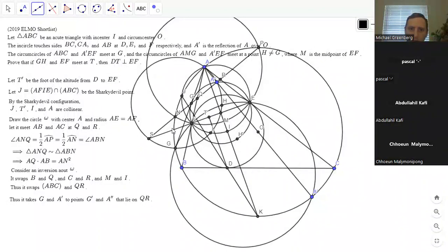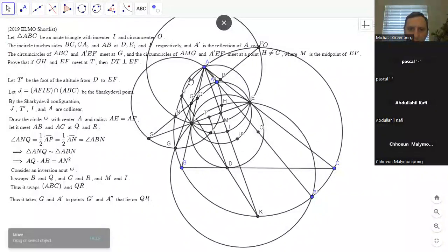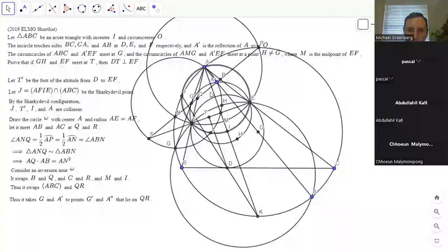So we need to show AJ, EF, and PN are collinear, and I think that might just be the radical axis theorem. So AJ is where we have these two circles. EF is where we have these two circles.